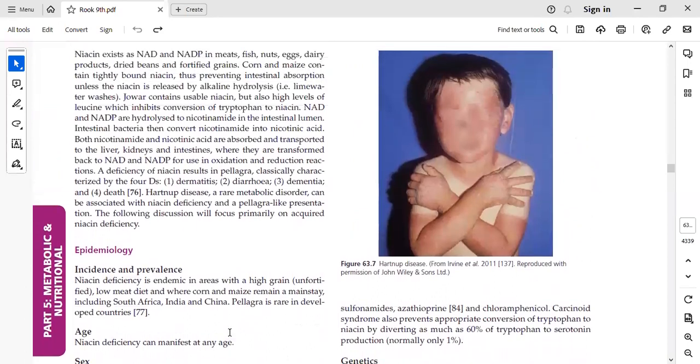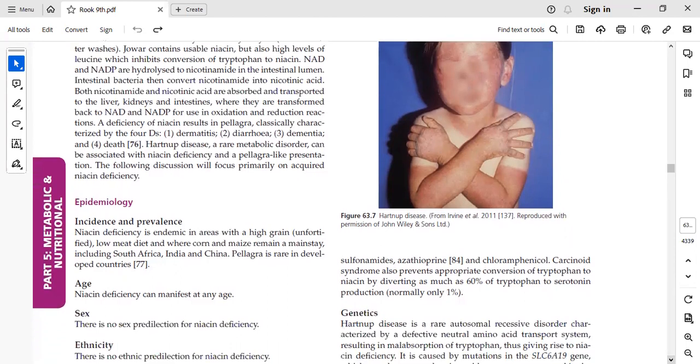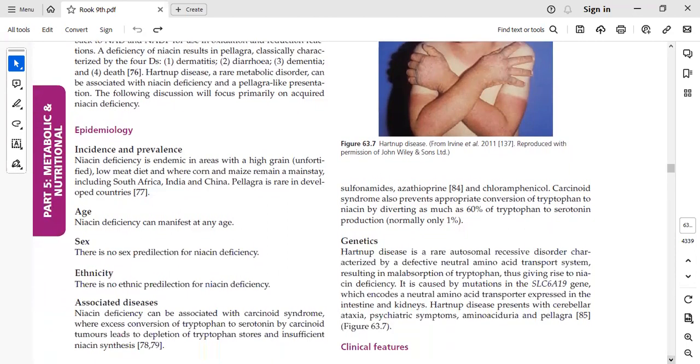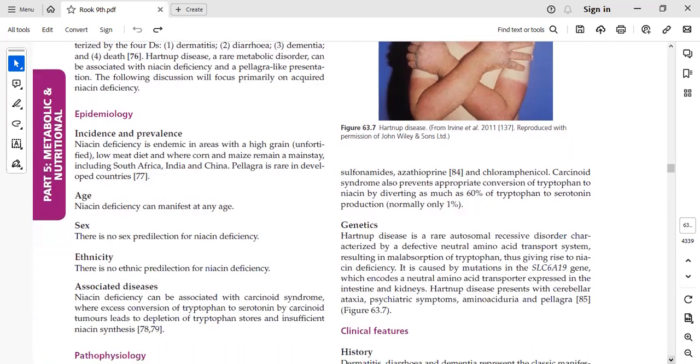Now this image shows the Hartnup disease. You can see dermatitis in the photoexposed areas because of a mutation in the gene which is responsible for transport of the amino acids through the gut, resulting in decreased tryptophan levels and consequently decreased niacin levels as well.